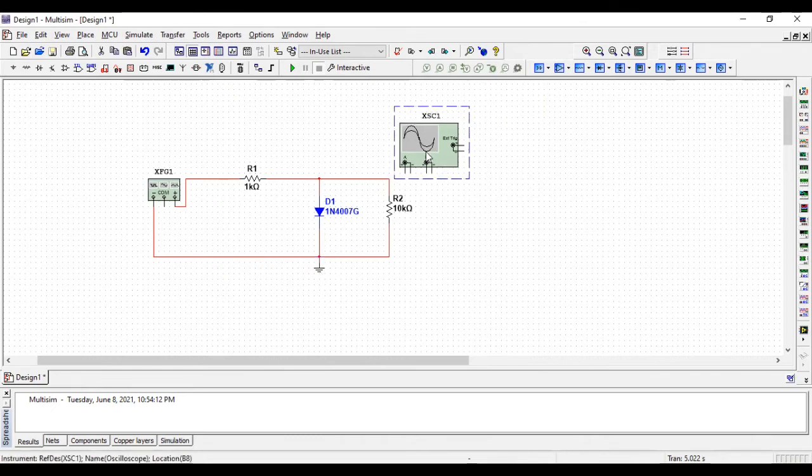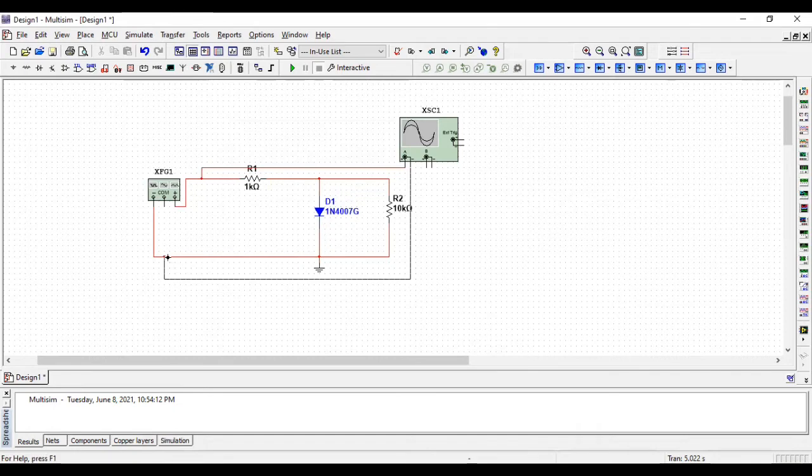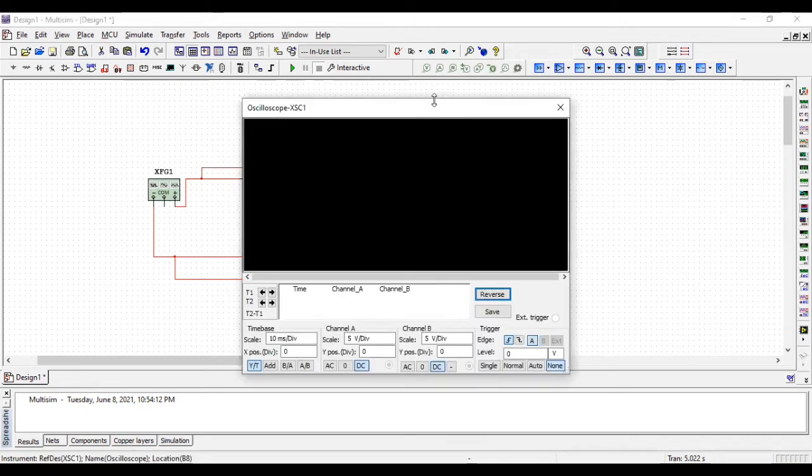And this is the oscilloscope that I found from here. You can easily get that. We are using both channels, and I'm connecting channel A to the input and B to the output, so that we can easily differentiate between the input and output waveforms.